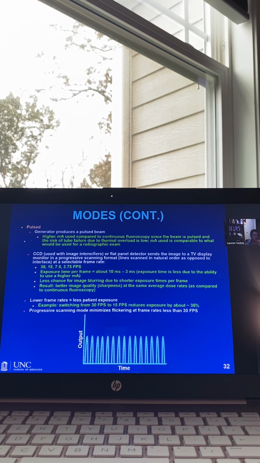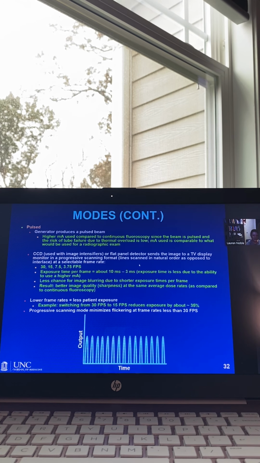All right. So again, the CCD will send the electrons to a display monitor. And the way the monitor will display the image is different than the older units. It's referred to as a progressive scanning format.